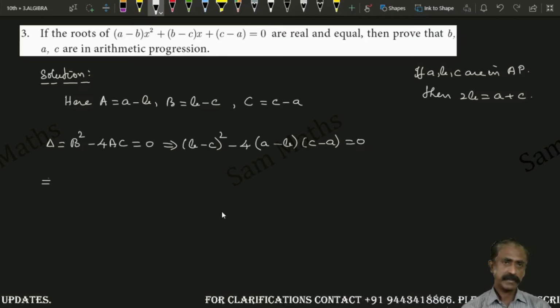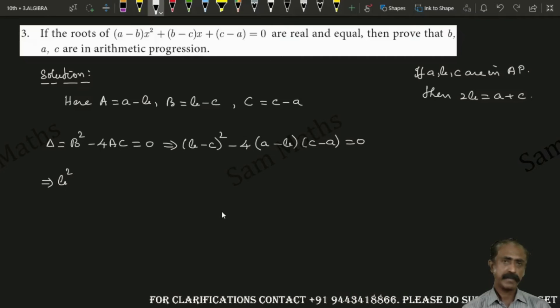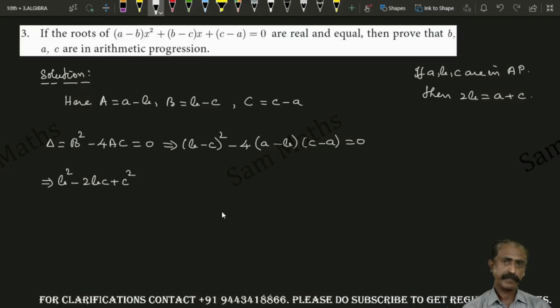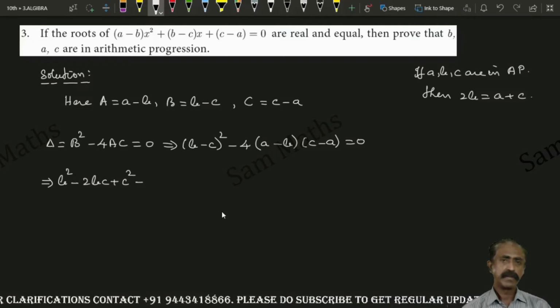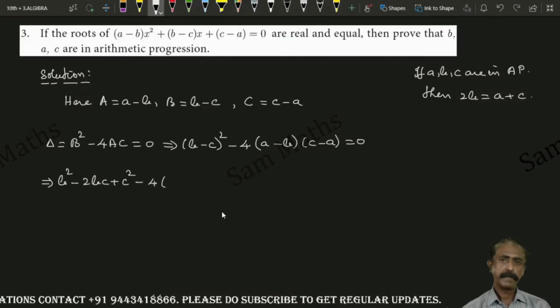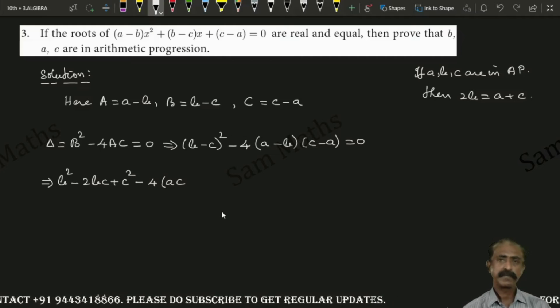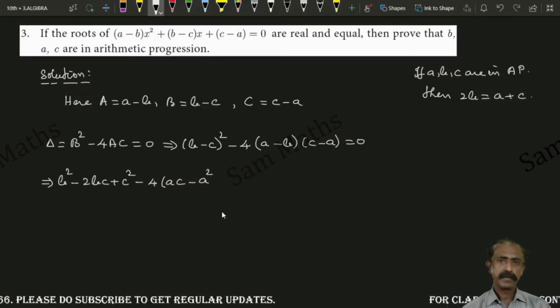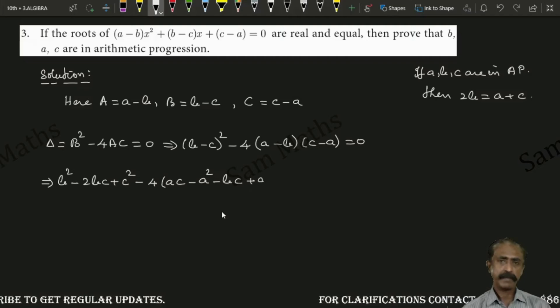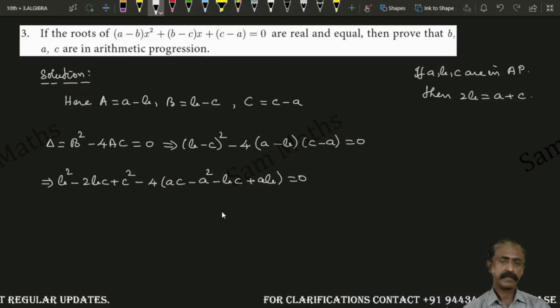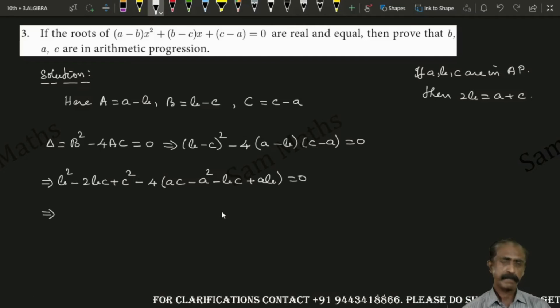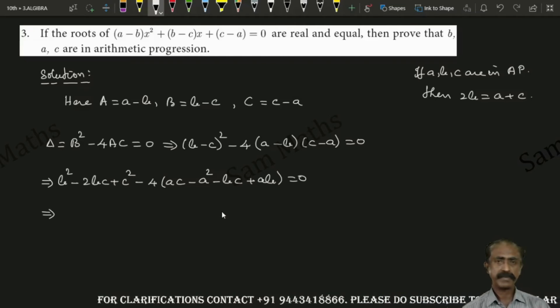This implies b square minus 2bc plus c square minus 4 times of ac minus a square minus bc plus ab equal to 0, which implies, here we can put the terms in the order.